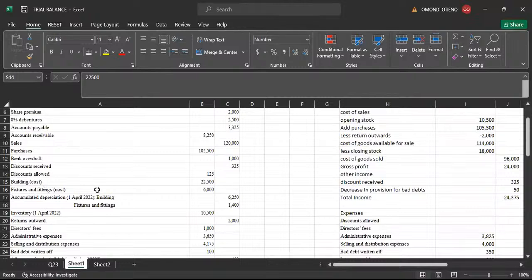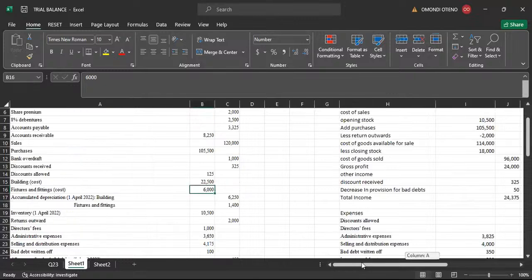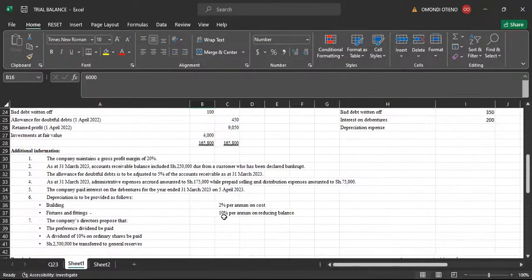So we have cost is 6,000. Whatever has been depreciated is 1,400. It means I'm able to get the net book value. So I have 6,000, 1,400 is there, and then it is being depreciated at 10% per annum on reducing balance basis.